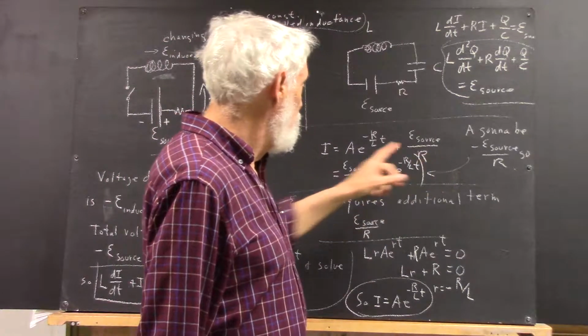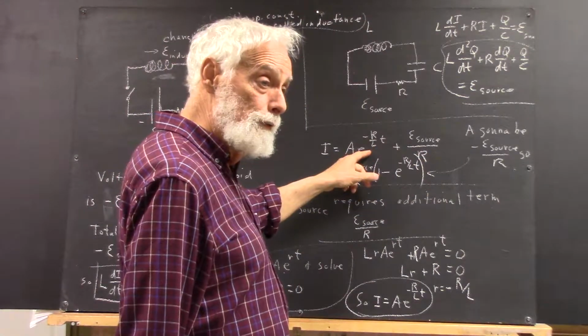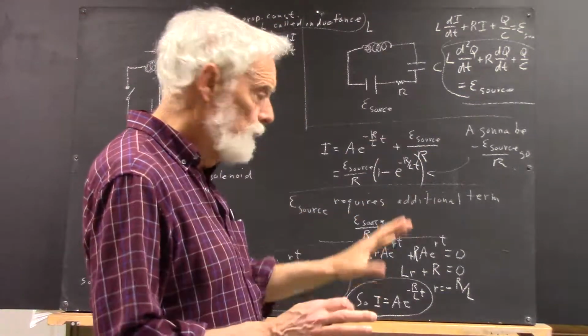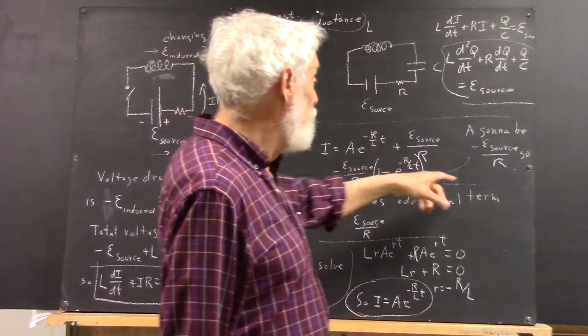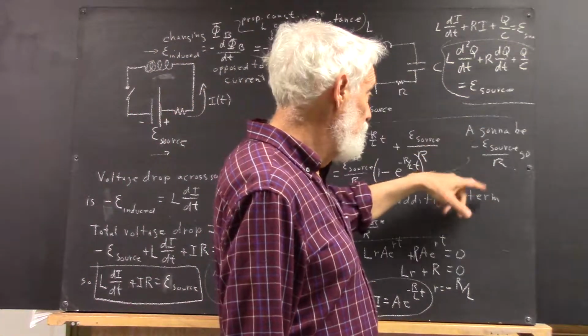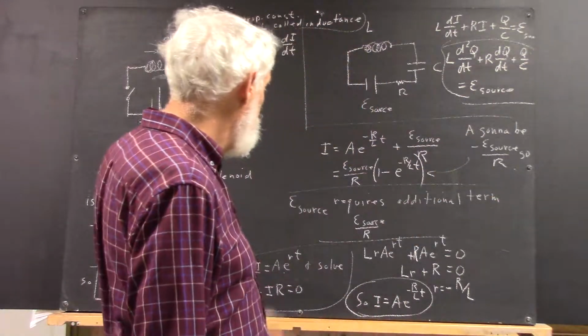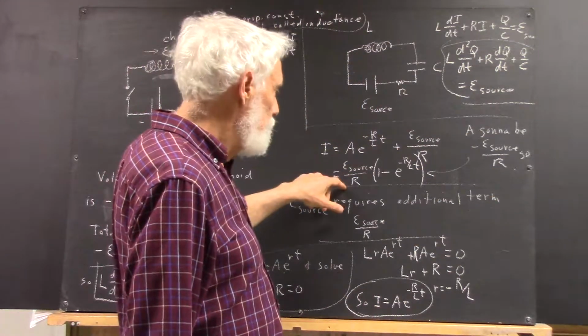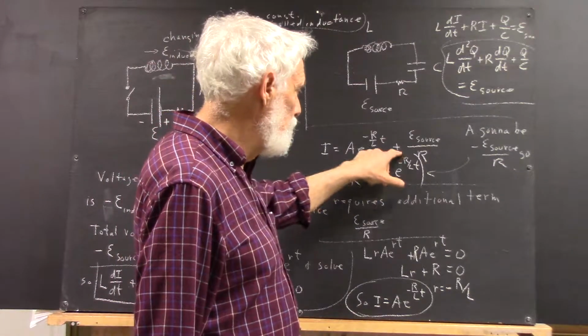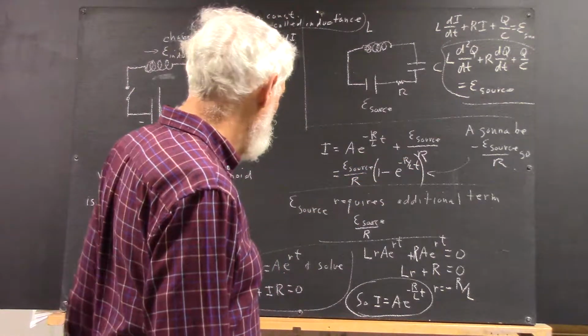You add that to the A e to the negative R over L t, and we'll do this in more detail. I say that, well, A is going to be, in the case that I said, negative of this, so that I ends up being EMF of the source divided by R times 1 minus e to the negative R over L t.